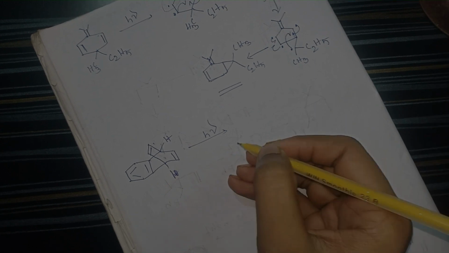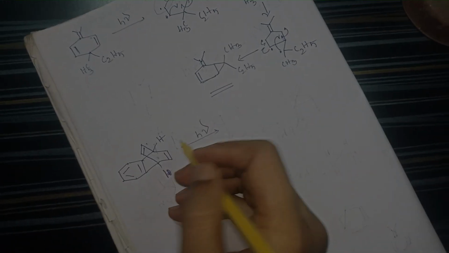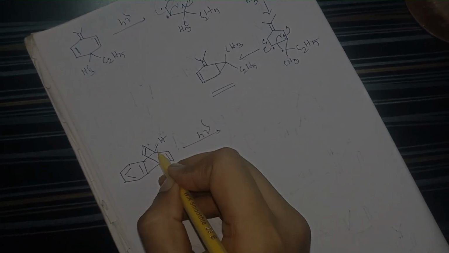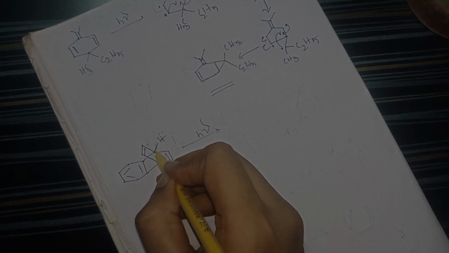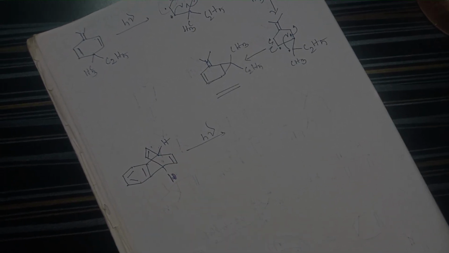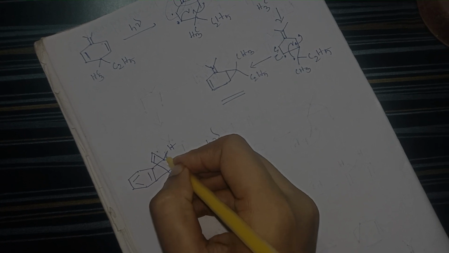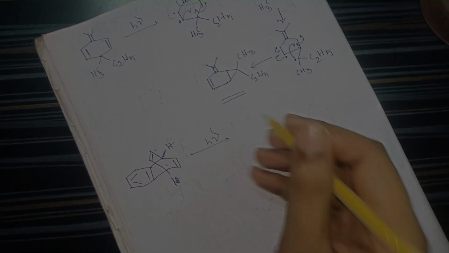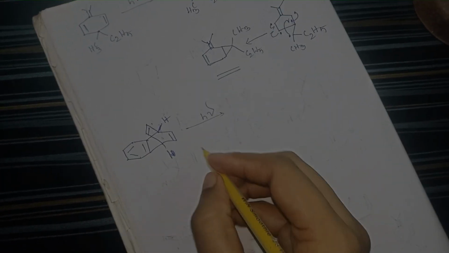Let's see this example. Here an sp3 carbon is present and no substituent is present, only one. So here what happened, let's see.